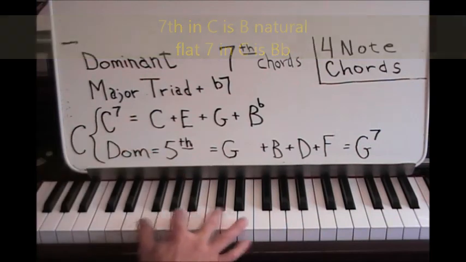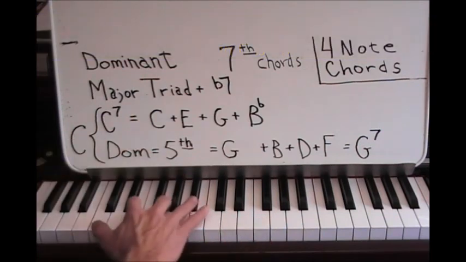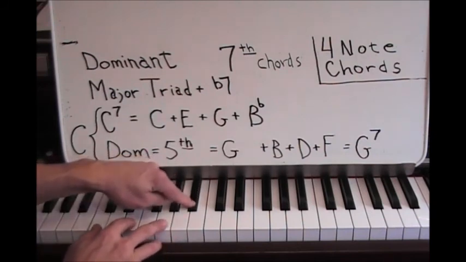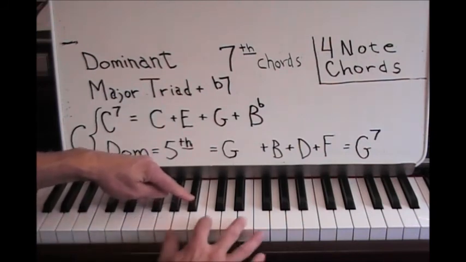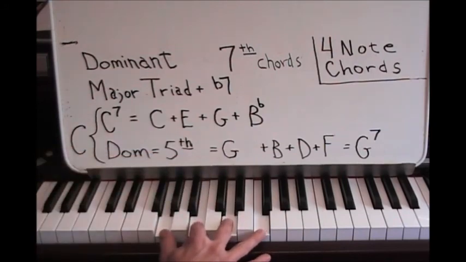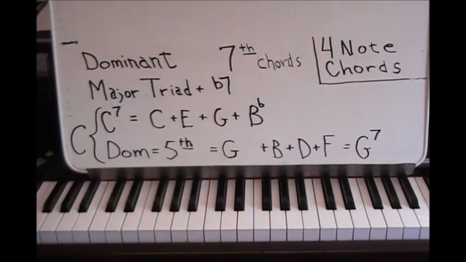And so anytime you're playing a seventh chord that has that major on the bottom and then a flatted seventh on top, you're doing the same pattern that you get when you build a dominant seventh in that same key. And that's why it's called the dominant seventh, because it's built on the dominant tone of that scale. Now, of course, in any key you want, you can build a dominant seventh that same way, and you'll get the same result.